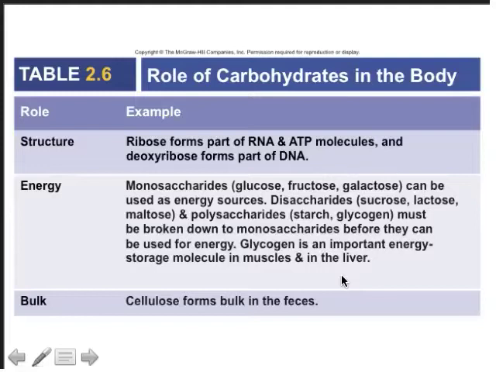That energy that's locked inside the carbohydrates can then be transferred to ATP, where we can immediately use it for cellular work. And of course, its role as fiber is important because it allows us to more easily pass our fecal material. If we didn't have adequate fiber in our diet, we would suffer from a condition known as constipation.